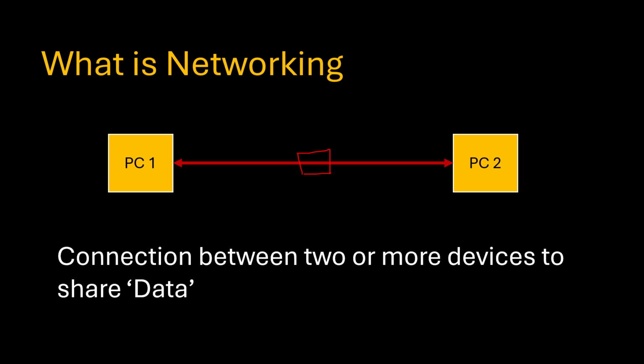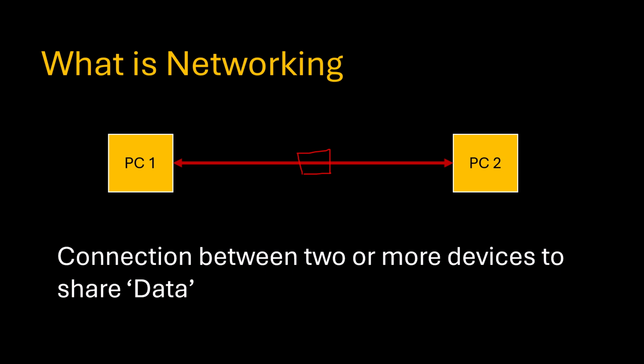For example, a printer. Let's say you have 5 computers and there is one printer. So you don't want to buy a printer for each computer. You want the 5 computers to be able to print the data that they want through this single printer. So networking comes to help here.